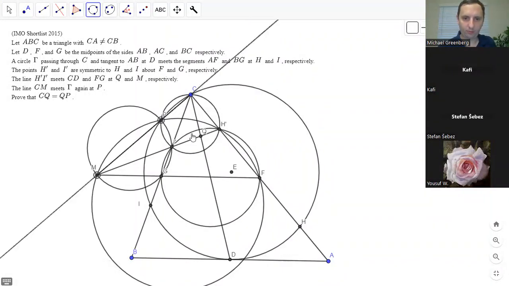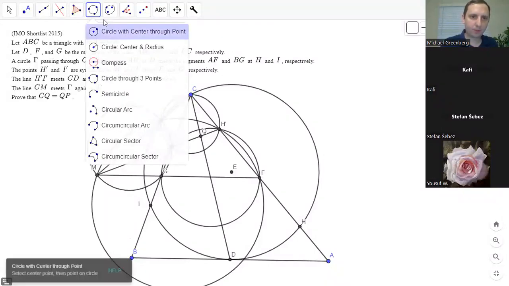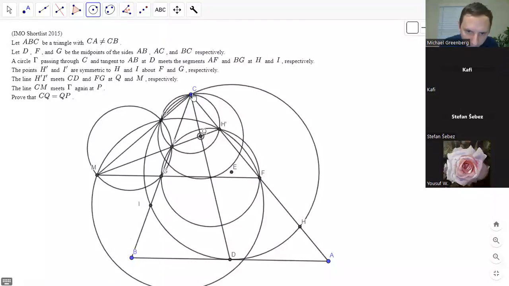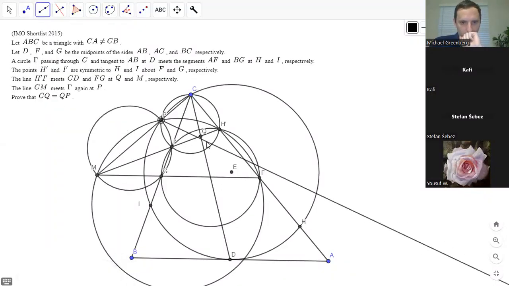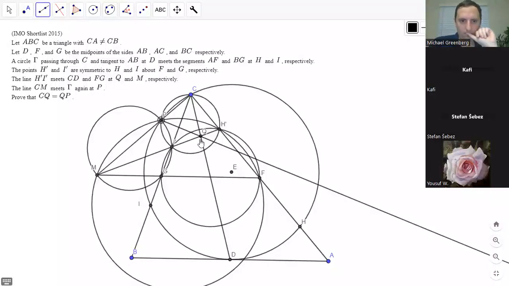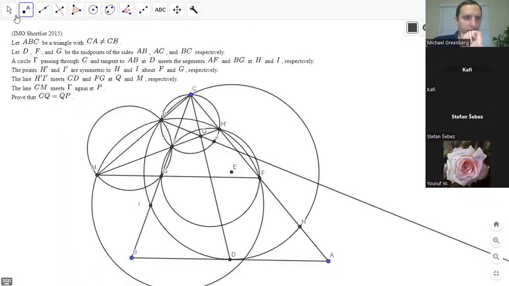I wonder if this is also cyclic. No. Or if there's anything special about this circle, which I don't think there is. I wonder if there's anything special about this point.